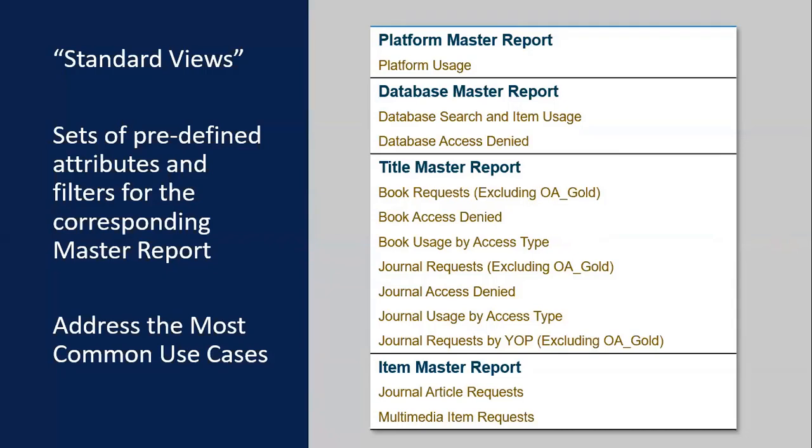You'd also be familiar with journal requests by year of publication, again excluding OA Gold. This is very similar to the JR5, but again with that free stuff that you don't really want included in your calculations of cost per use, the OA Gold excluded.